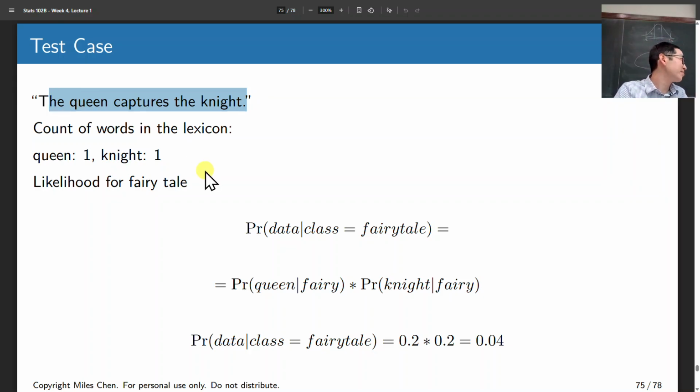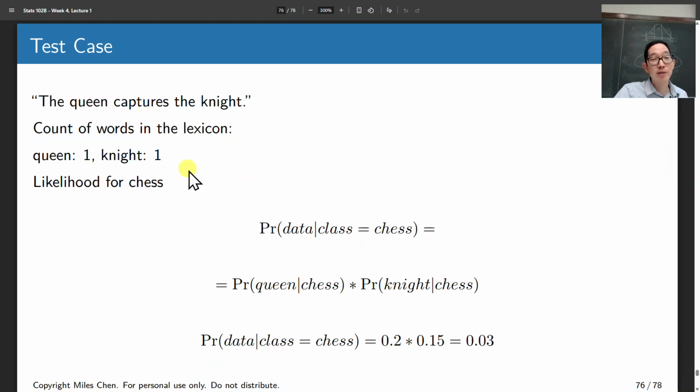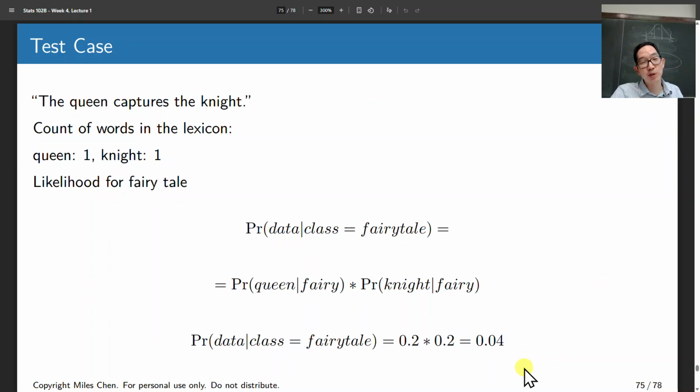It could be a fairy tale where the queen captures the knight, or chess where the queen captures the knight, right? As far as our lexicon goes, we just have queen and knight. For fairy tale, we have 0.2 and 0.2, so the likelihood there is 0.04. For chess, we take our likelihoods from our lexicon, 0.2 times 0.15, and we have 0.03. So our likelihoods here are very similar to each other, 0.03 versus 0.04.